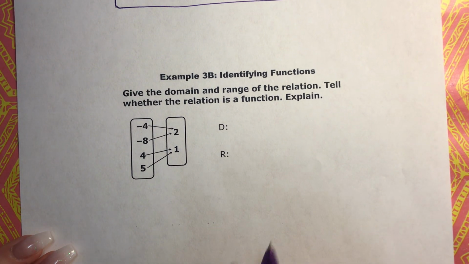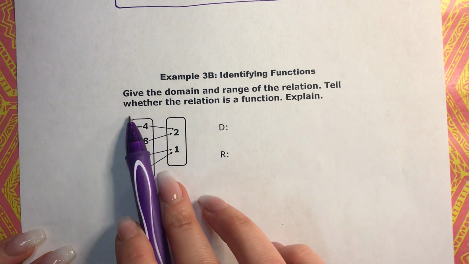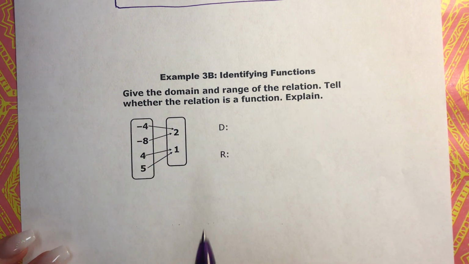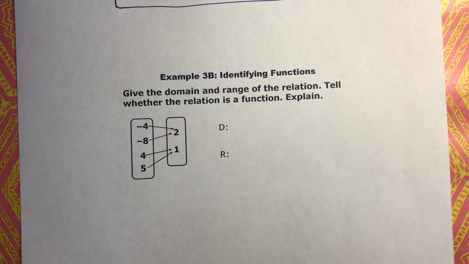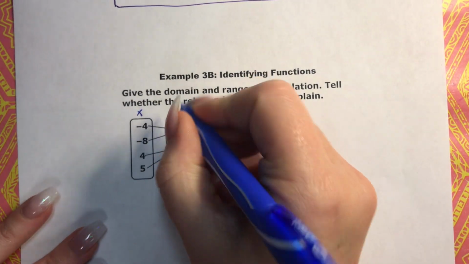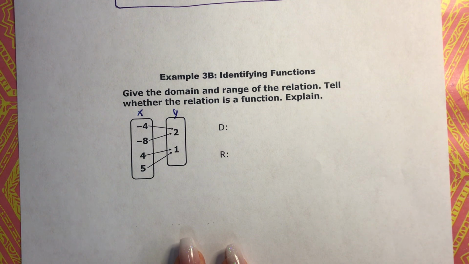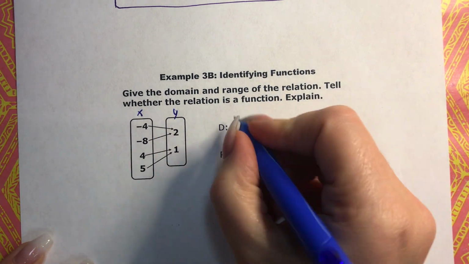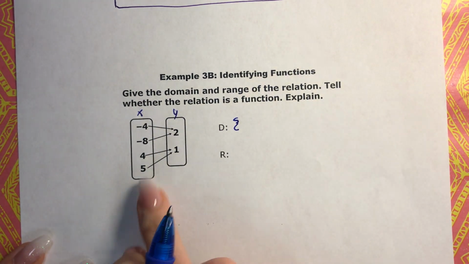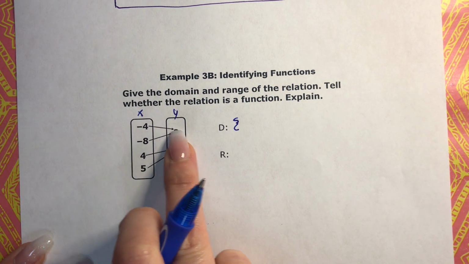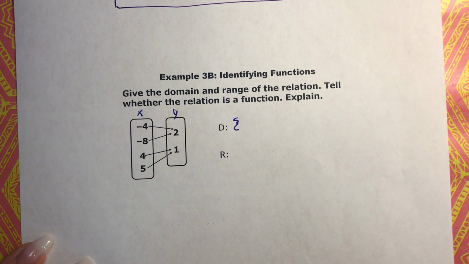3b. Give the domain and range of the relation, tell whether the relation is a function, and then explain. Perfect. Okay, so this is nice. We have a mapping, so we know that this is the x and this is the y. It's just how it is. Okay, here's all of our domain values right there. Super nice. Just going to list them out. These represent ordered pairs. There's 1, 2, 3, 4 ordered pairs.